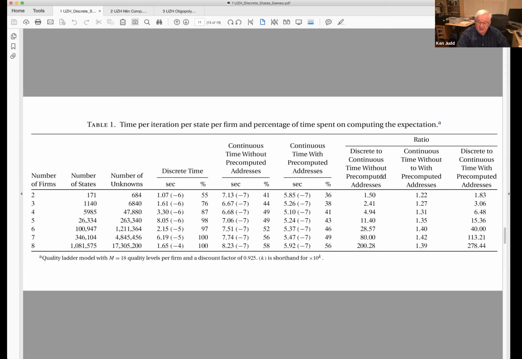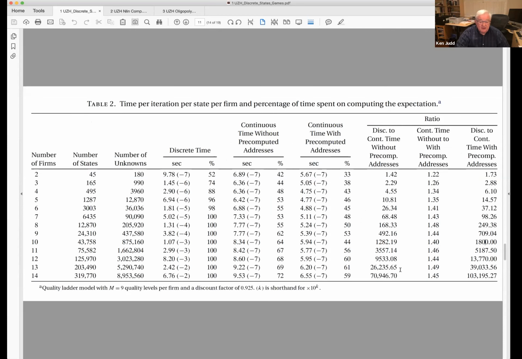So basically, if you did all the fancy computer science storage stuff as well as continuous time, you get almost a 300-fold increase in the efficiency of doing an update of one firm at one state. Now, the problem is, though, that by going to continuous time, you may have to do more iterations than you did with discrete time.